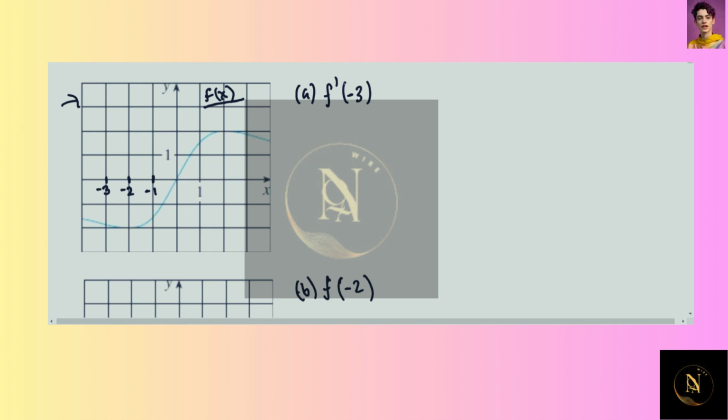In this first point, we need to calculate the derivative of the function at the position -3. So we see that -3 is in here. We just draw a tangent line.